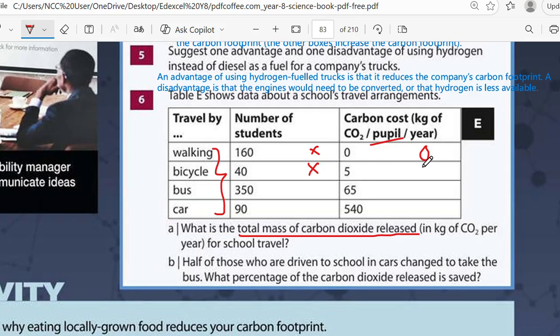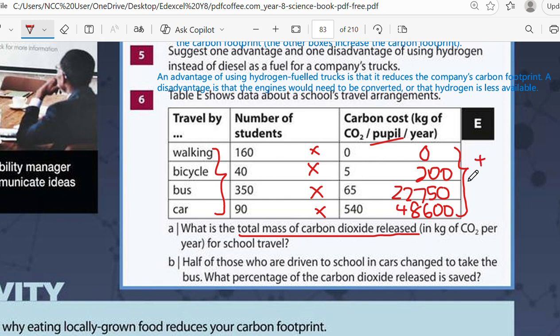40 by 5, 200. 350 by 65, 92,750. And 90 by 540 is 48,600. So when you add them all, you have to add them all.